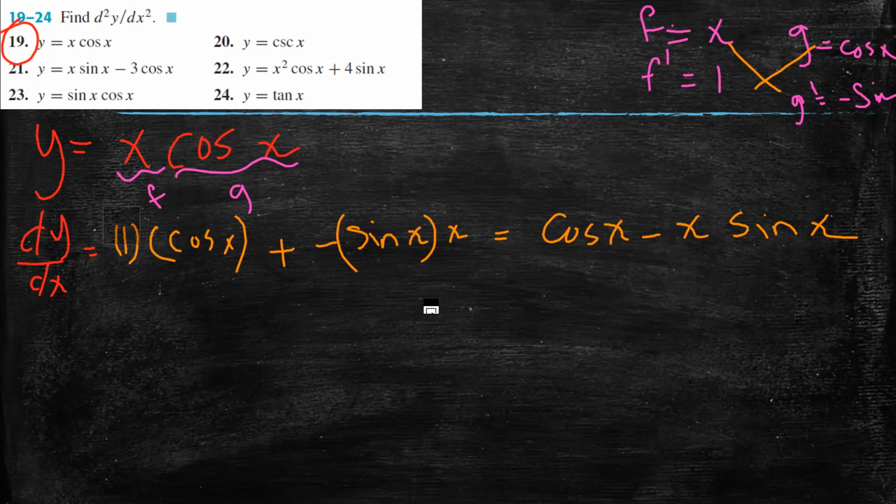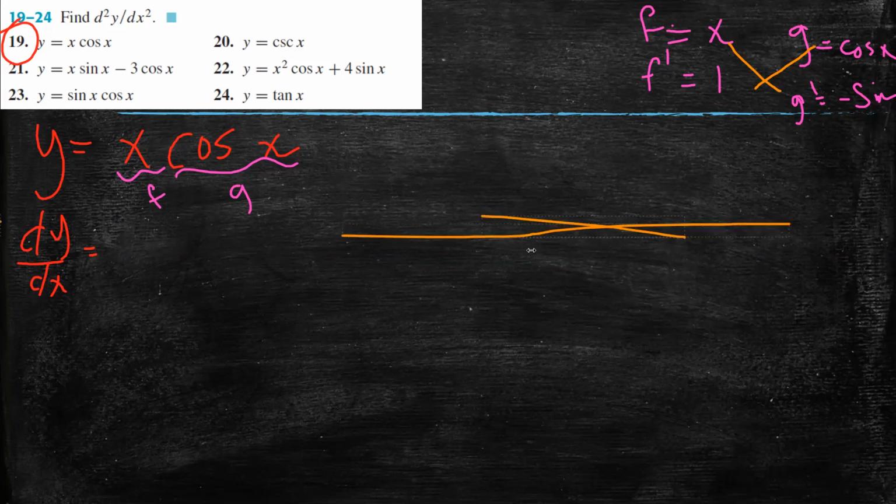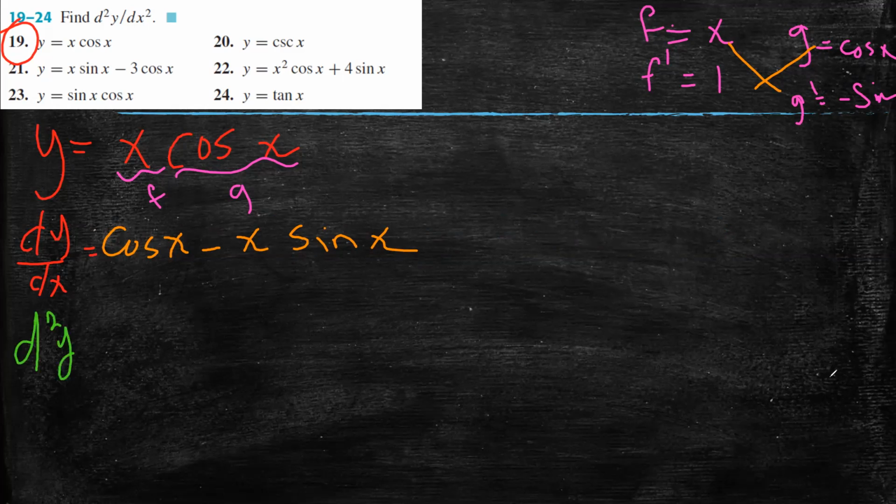So now I found dy over dx. The second step, I want now to find the second derivative. Here now, we have cosine x minus x sine x.